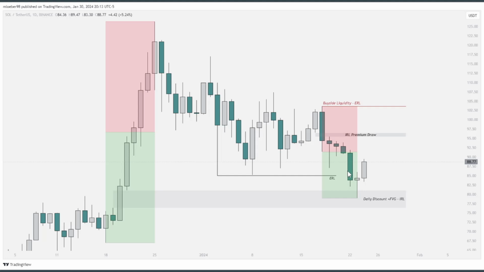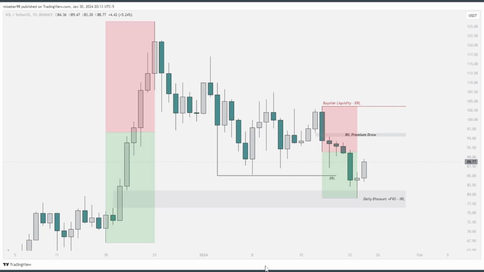So my first immediate draw and low-hanging fruit objective for me was this internal range liquidity pool resting in premium of this swing. So that is what I used as my take profit and my objective for this long position.